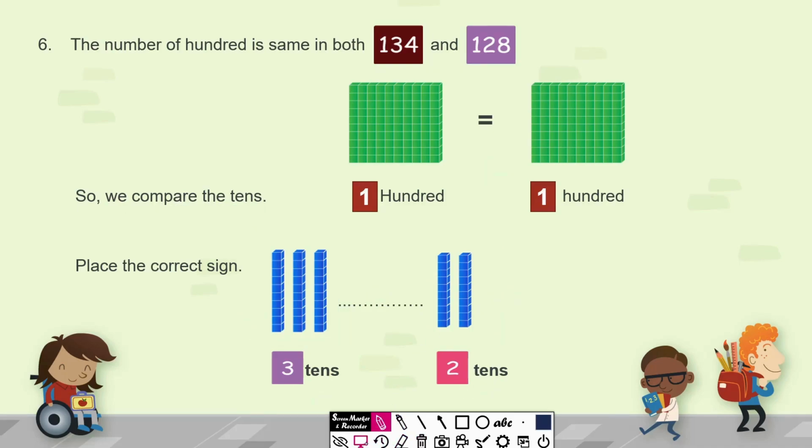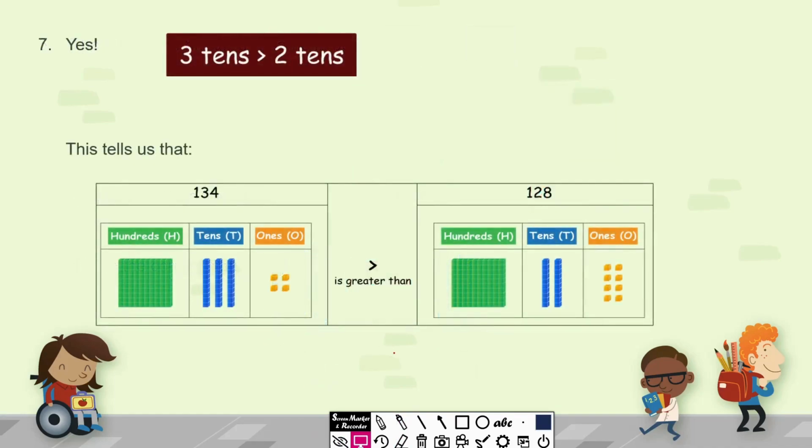Very good. Now, let's check the answer. Yes, 3 tens is greater than 2 tens, right? So, this tells us that 134 is greater than 128.